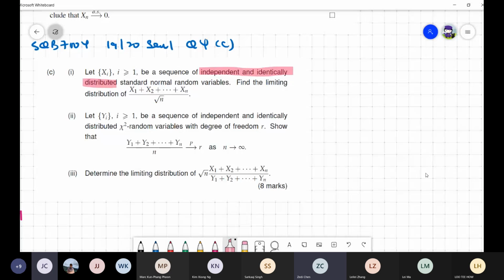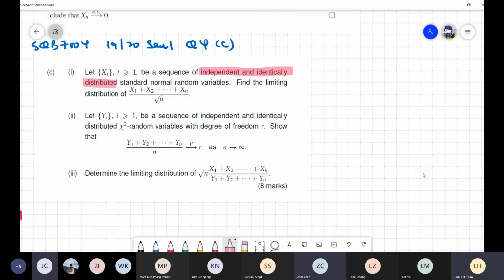I can't recall the theorem number, but it doesn't matter. For this question, we can use the central limit theorem to solve the problem.